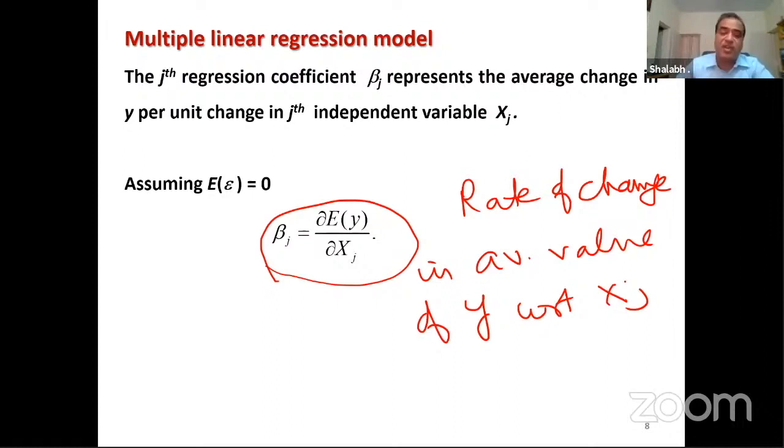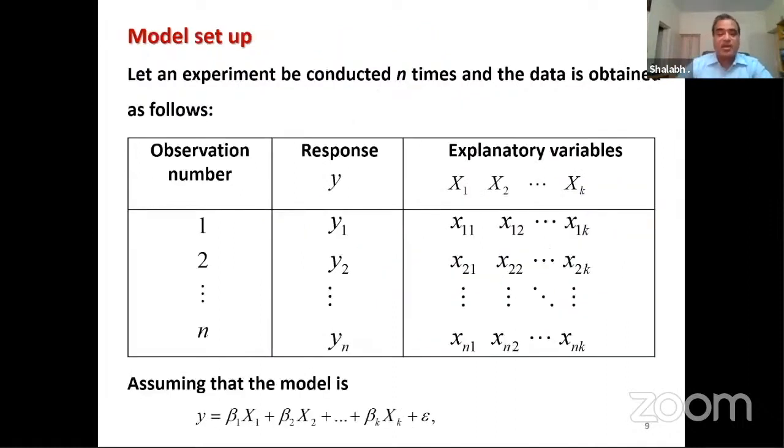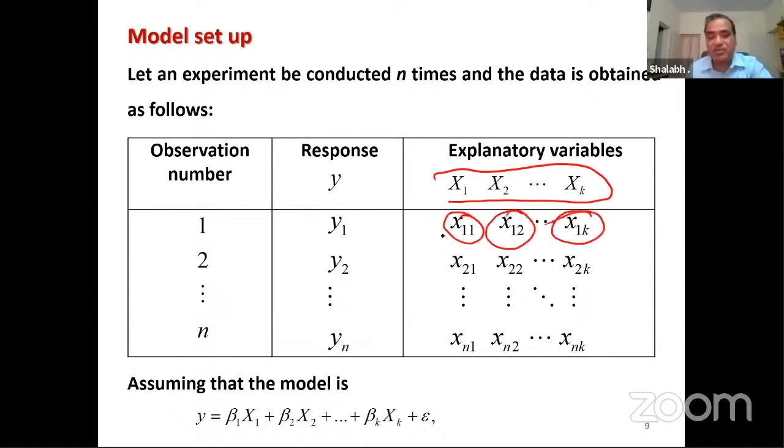Average means if you repeat the experiment a couple of times, then on average this is going to happen. Right. So now I try to conduct an experiment, but the only difference is that I now have more than one independent variable, x1, x2, up to xk. So I choose one value for x1, one value for x2, one value for xk, and based on that, I observe the value of y, which is indicated here as say y1.